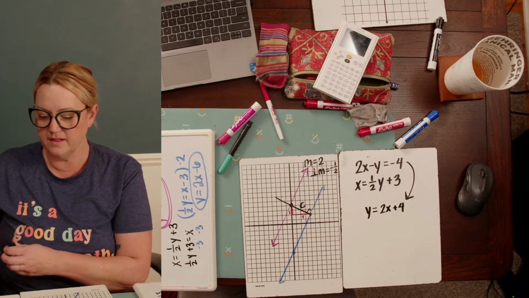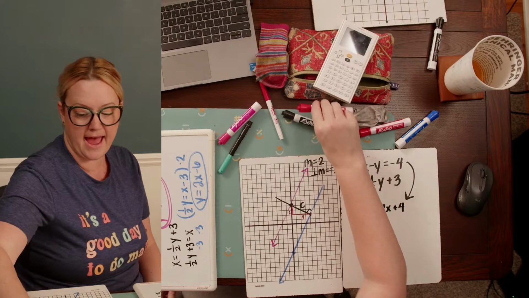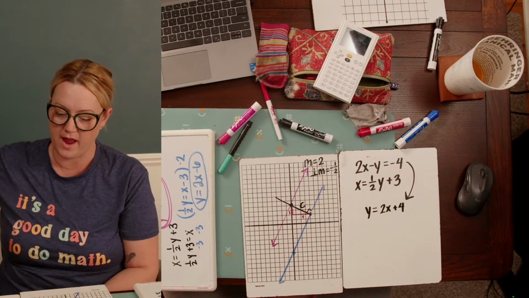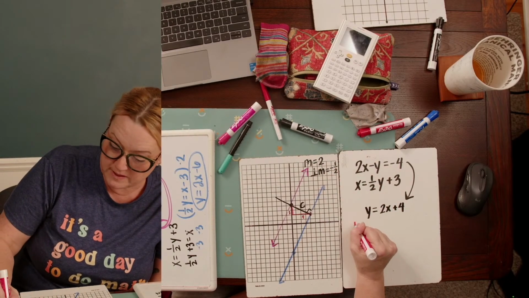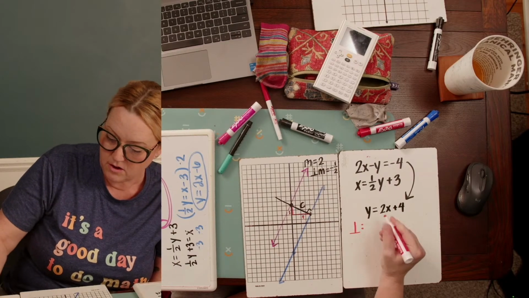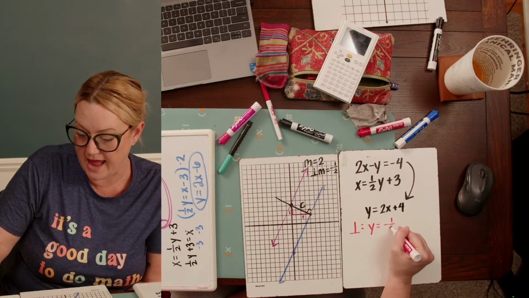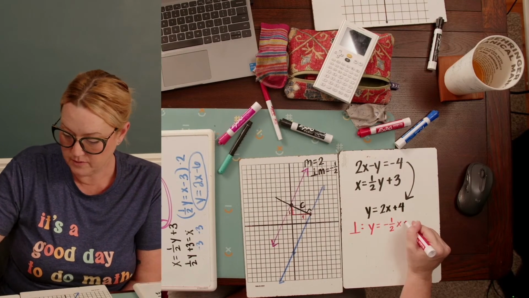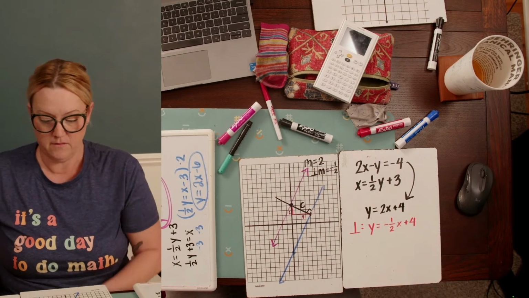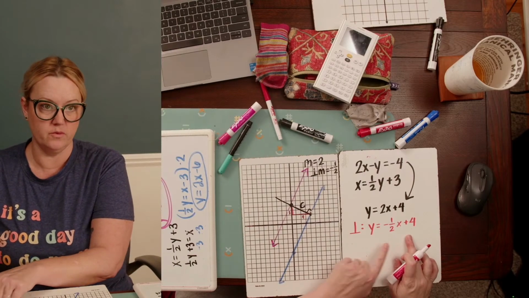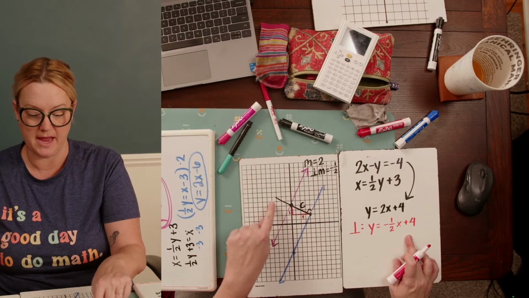So then the line that's perpendicular to that passes through that same y-intercept, so the perpendicular version of that would be y equals -1/2x plus 4, right? That equation would match up with this black line here.